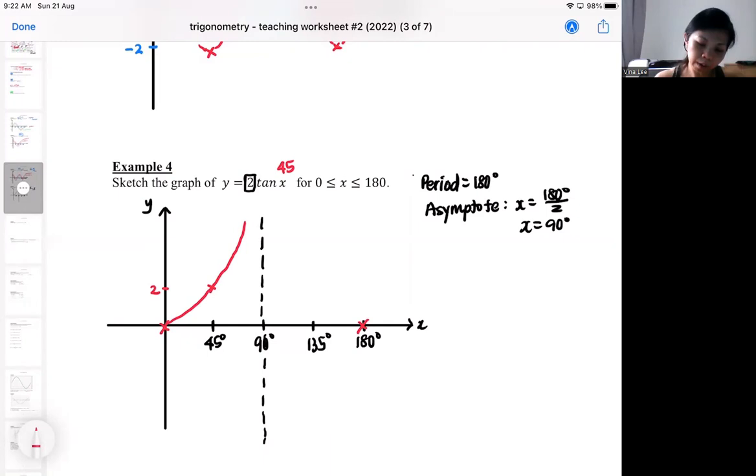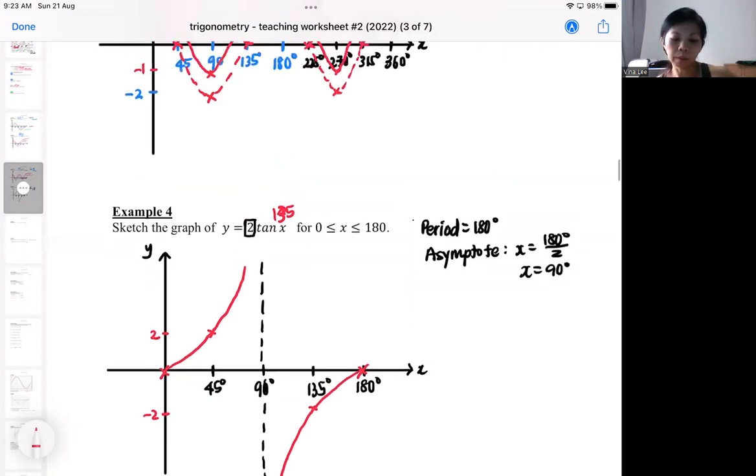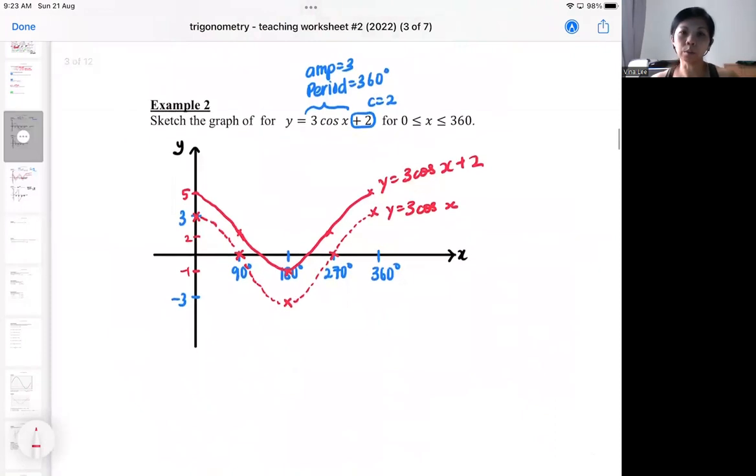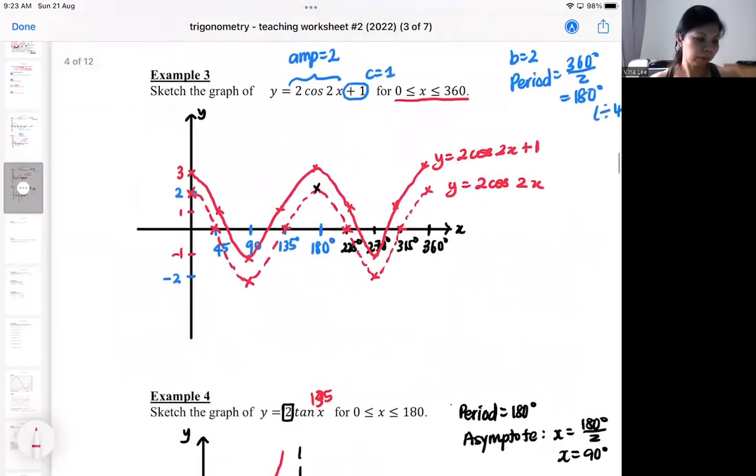So then you can try like 135. It will actually give you a minus 2. So there's another special value to guide you. Some people don't have the extra points to guide them, so their tangent graph looks a bit weird. Okay, so that will be the 4 basic graphs, as in how you do the 4 steps.